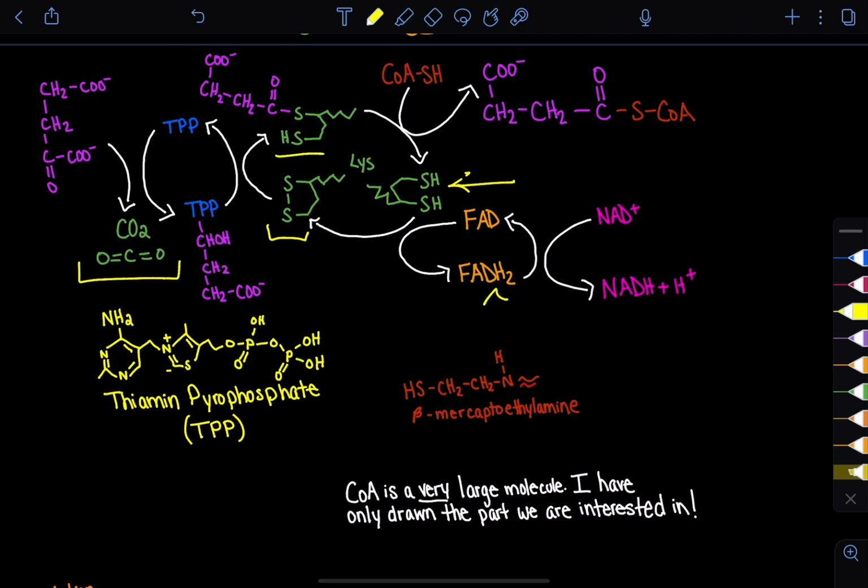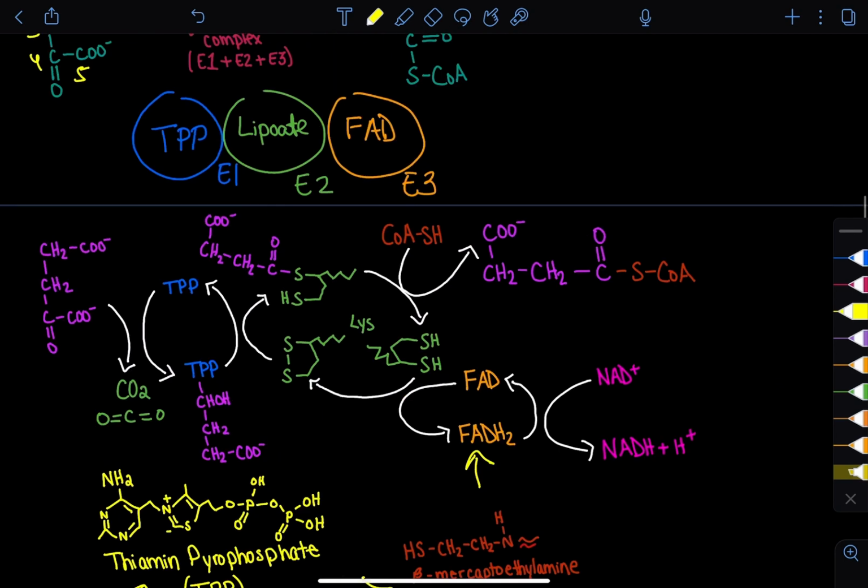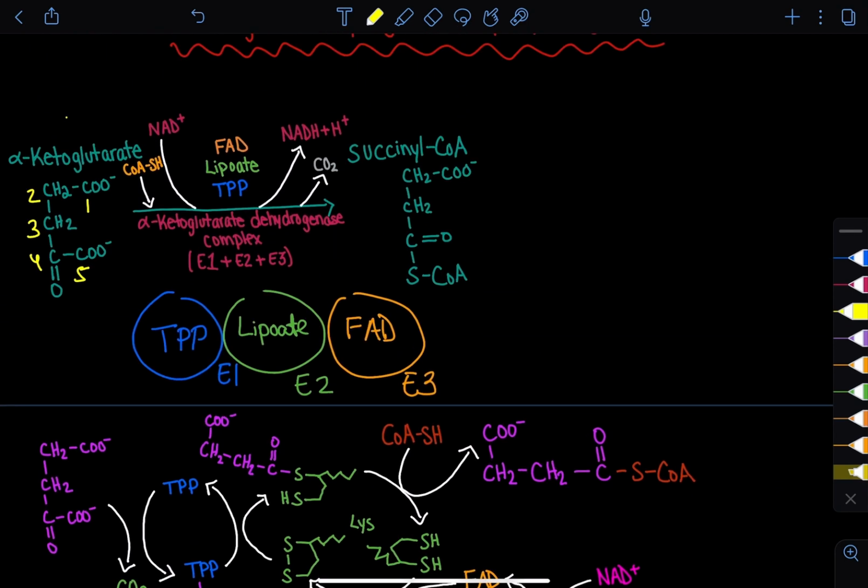Then we have an oxidation happening over here, and we have a reduction happening over here. So overall, this is an oxidative decarboxylation mechanism in which we are utilizing TPP, coenzyme A, FADH2, and lipolysine to go from alpha-ketoglutarate to succinyl CoA.